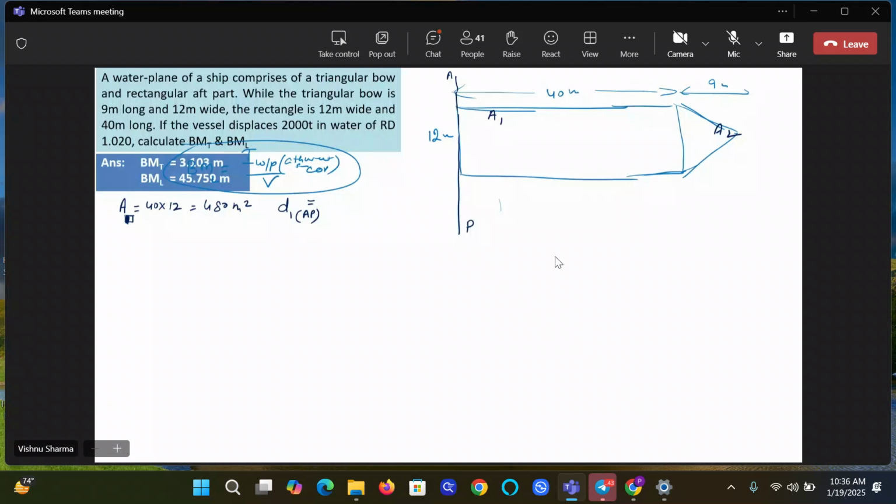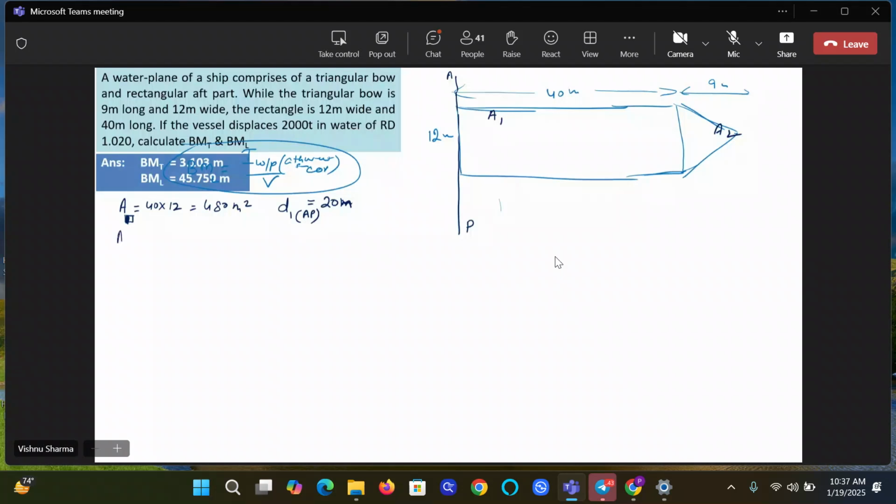Does everybody agree? Guys, I'm not getting much response. Then I don't know whether you're understanding or not. I'll finish off my stuff, but if you are struggling, then half the purpose is lost here. Okay. D1 from the after perpendicular is 20 meters.